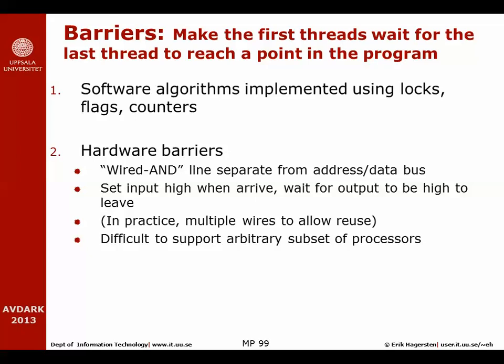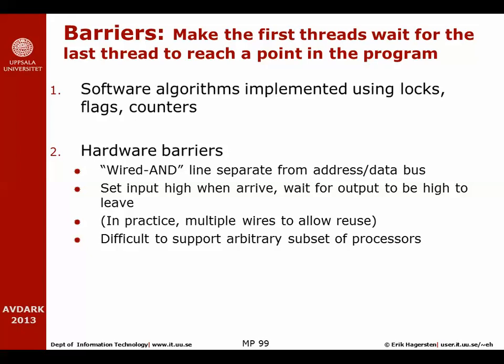The last CPU gets in there, sets its bit, and all the other CPUs will immediately see that everybody has arrived, because the output of that AND gate will go to 1. But it's not that practical to use, because you have to know exactly how many CPUs you're going to have in your algorithm, and you're going to have to allocate to exactly those CPUs. So it's not a very general solution, but it is a fast solution.